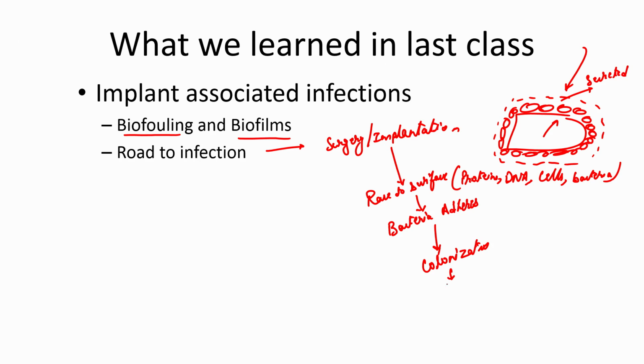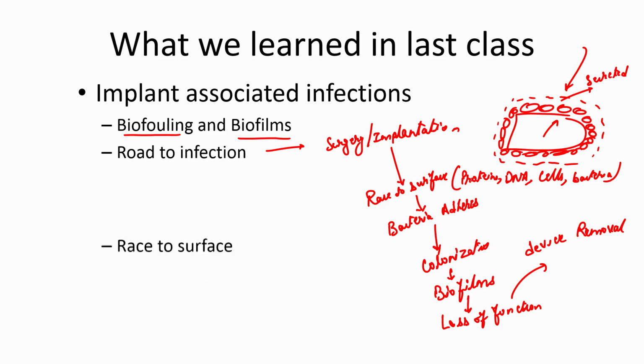So, colonization followed by biofilms, and at that point there is really not much you can do. The device loses function, and device removal will need to happen. So, this is essentially the road to infection.